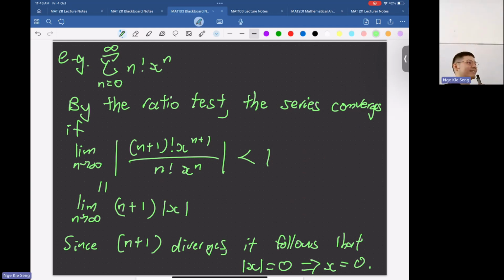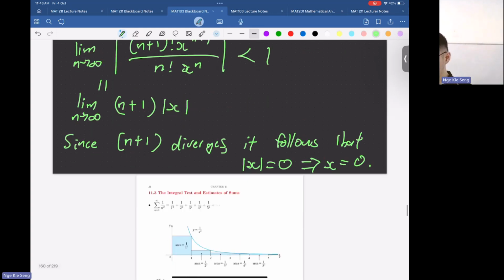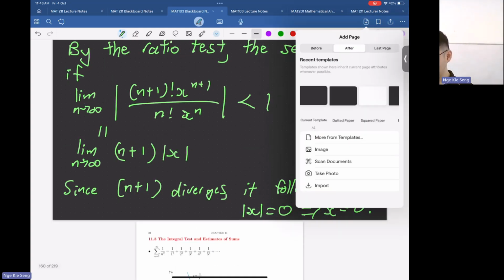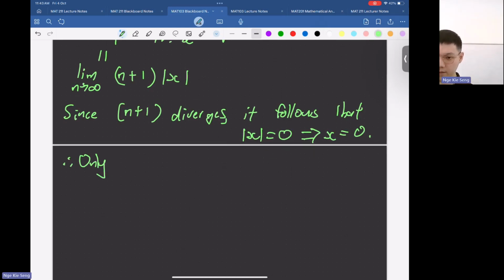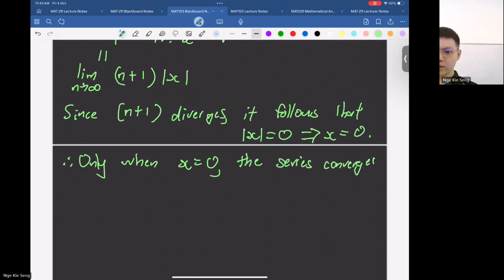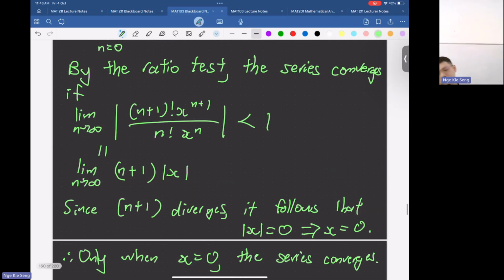Right, so what do we conclude? We conclude that only when x equals 0, the series converges. Only when x equals 0, the series converges.